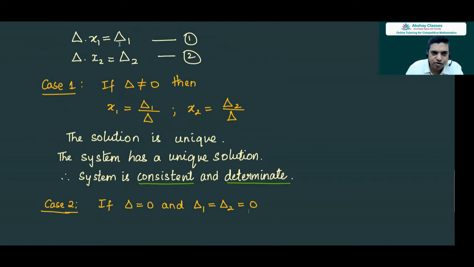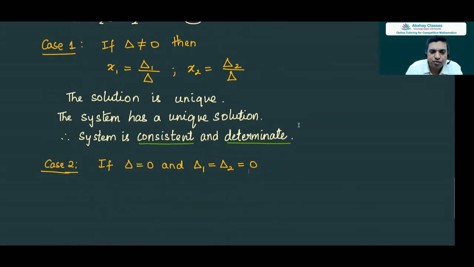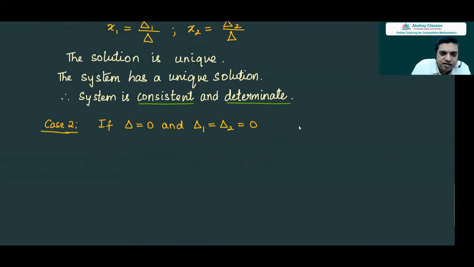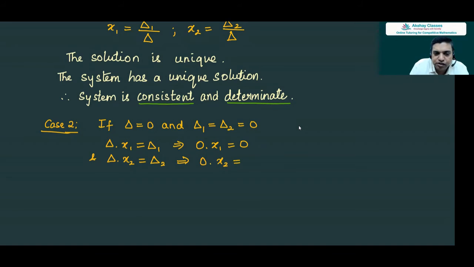Delta into x1 is equal to delta 1. Delta into x2 is equal to delta 2. This gives 0 into x1 is equal to 0. And this implies 0 into x2 is equal to 0.